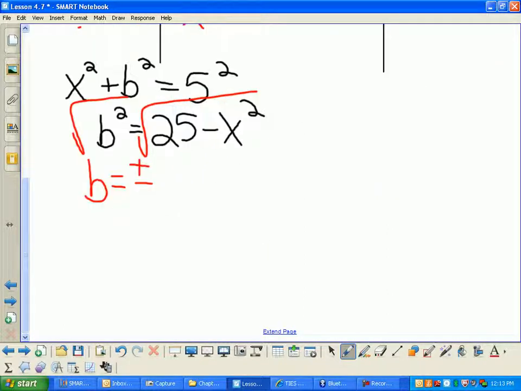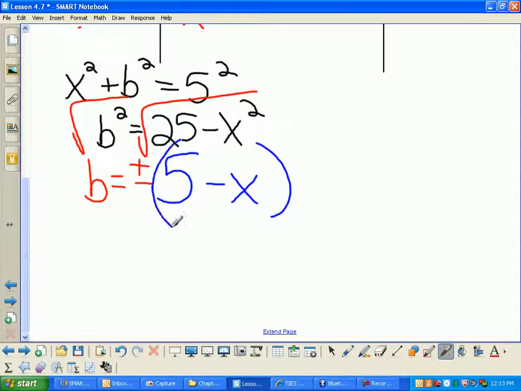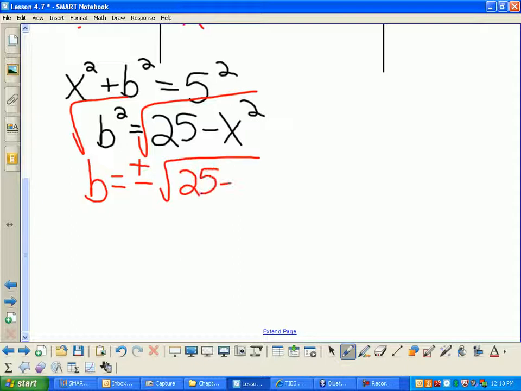Can I simplify this at all? No, that's wrong. You can't break apart square roots when things are added and subtracted. So using the Pythagorean theorem, my third side is either plus or minus square root of 25 minus x squared. Did you have plus or minus when you did the Pythagorean theorem?